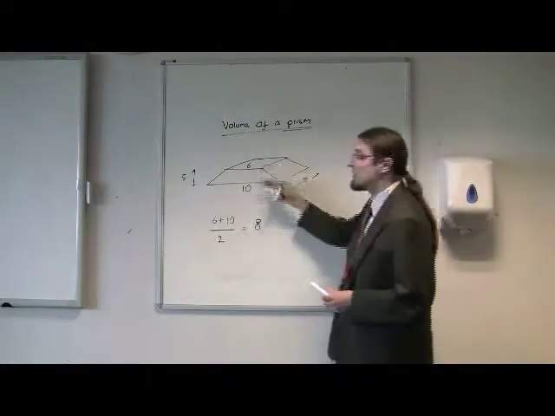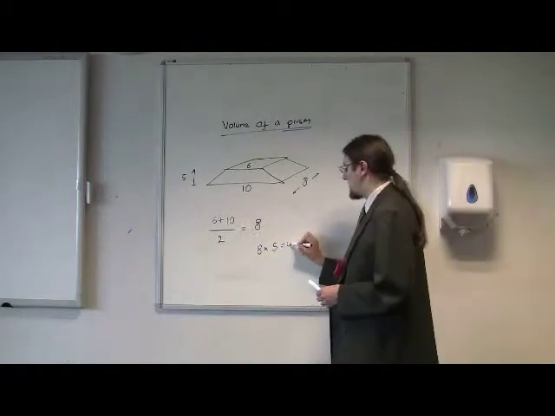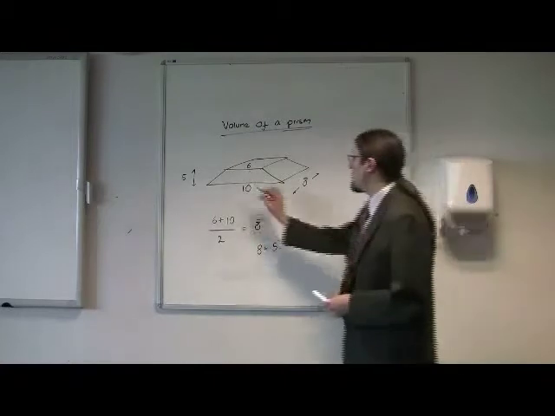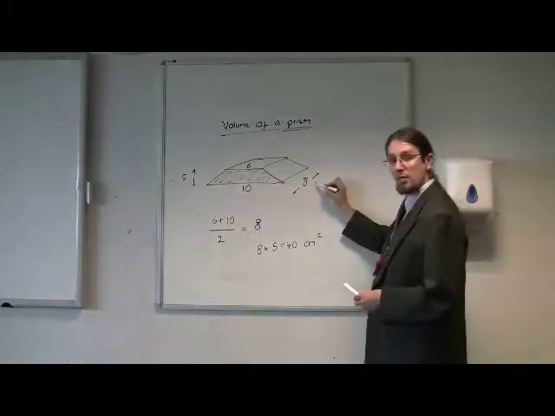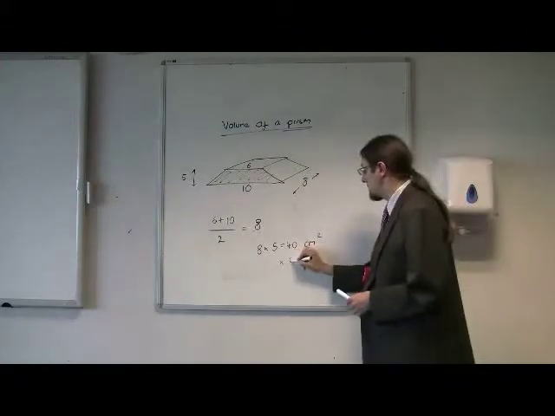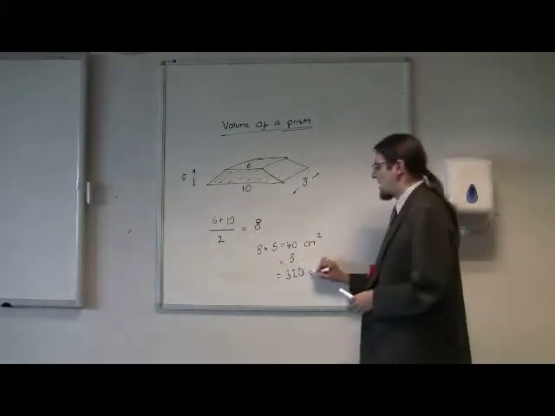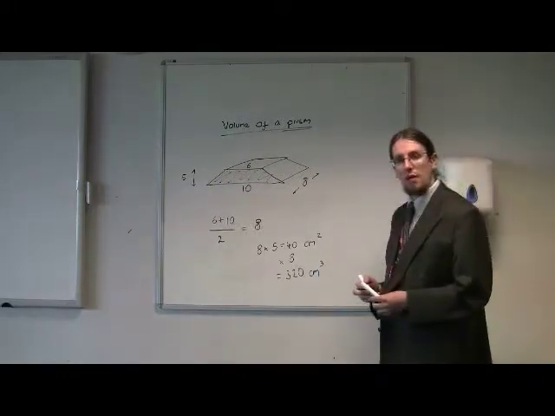So the average length is 8. 8 times 5 is 40. That's the area of the trapezium. Now we multiply it by 8. And we should have the volume of our prism.